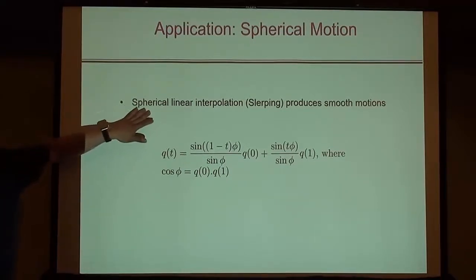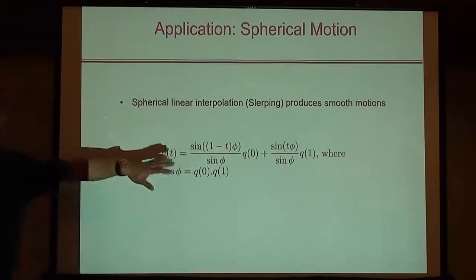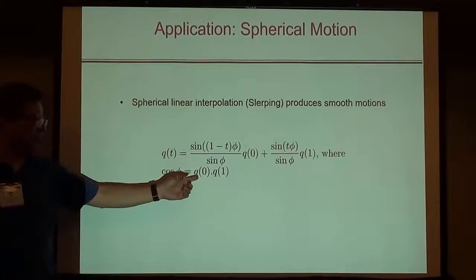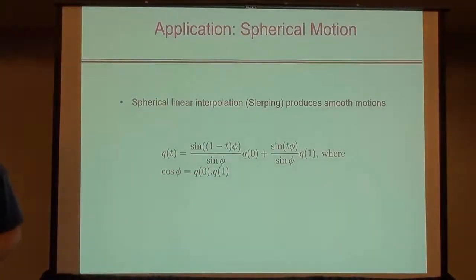This is called spherical linear interpolation. The first paper on this is by Ken Shoemake in computer graphics in 1985. So this is the formula that he came up with, where theta is the angle between the two quaternions.